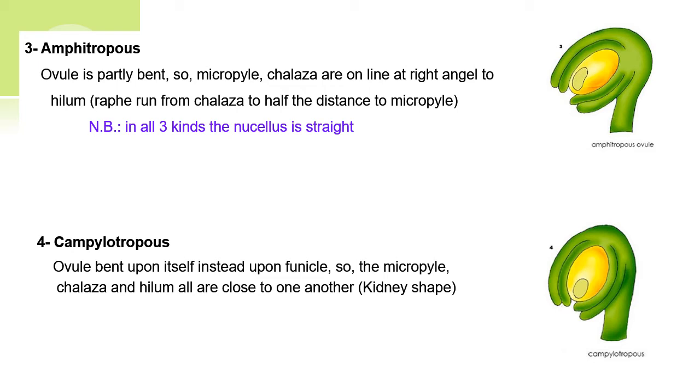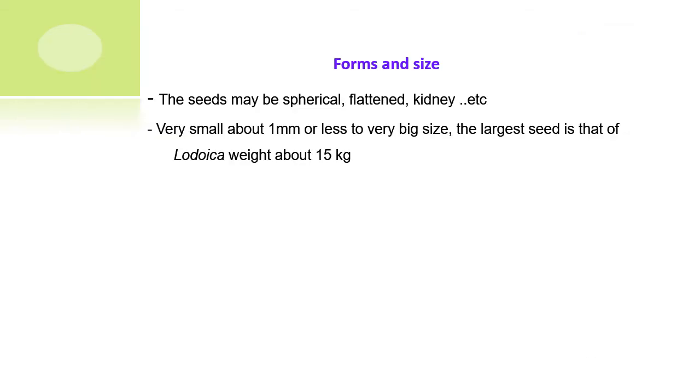So the micropyle, chalaza, and hilum will be close to one another as the tissues push each other. The micropyle will be near the hilum, and the chalaza, both near to each other.